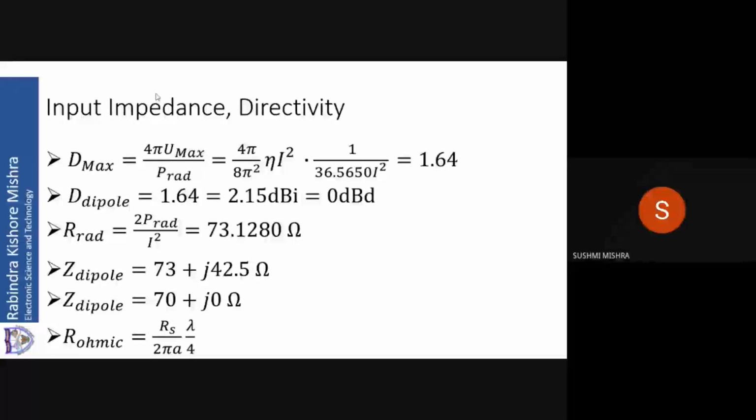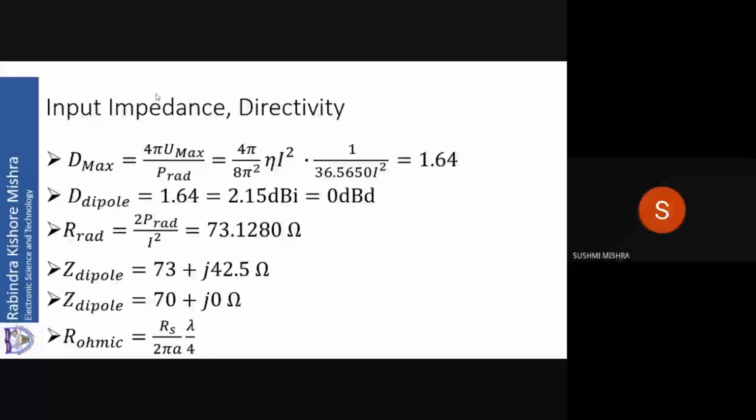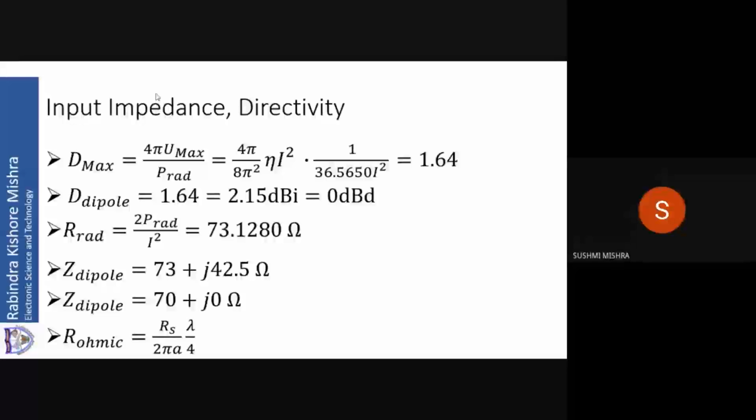So input impedance will be the ohmic resistance plus the radiation resistance. So these will constitute the real part, then plus the reactive part. The reason for the reactive part we are going to discuss shortly, but there will be a reactive part in this case.